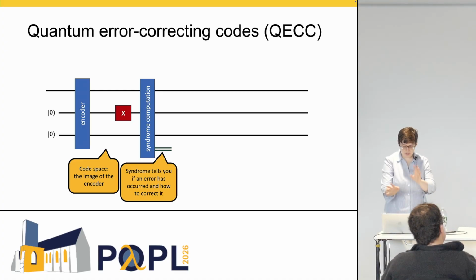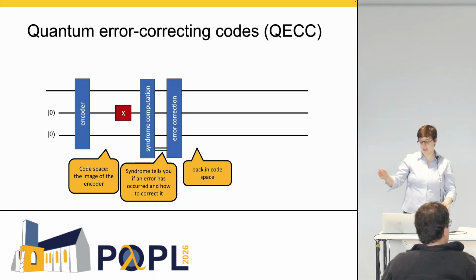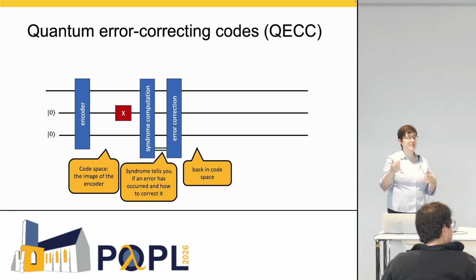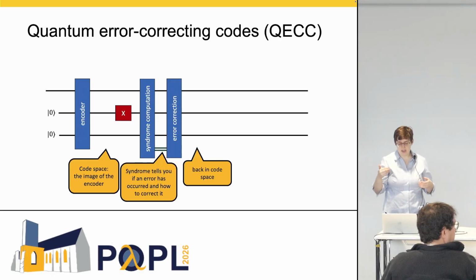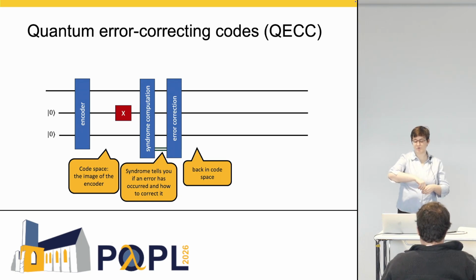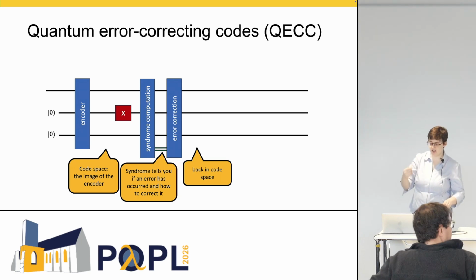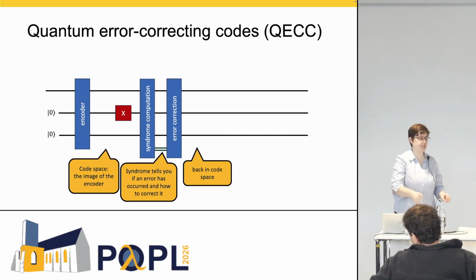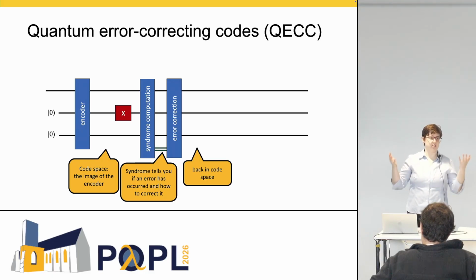Once you have that syndrome information, you can potentially apply an error correction, which reverses that error that occurred and brings you back to the state that you were in before and back into the code space.